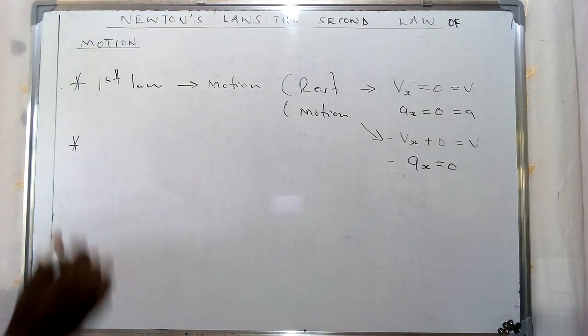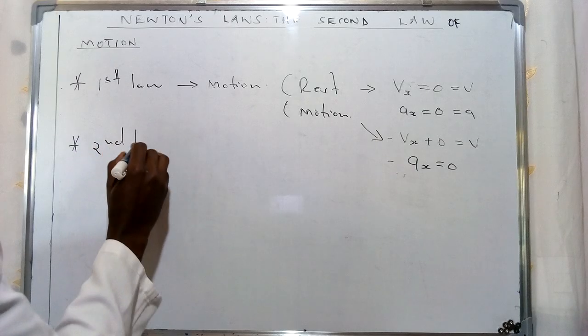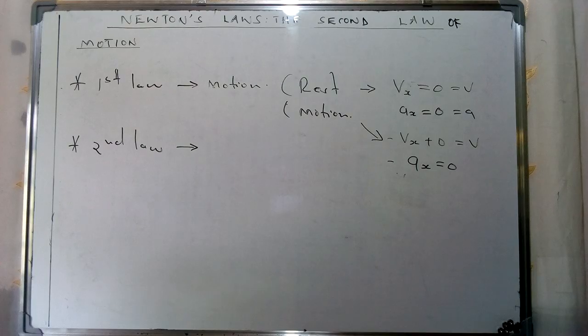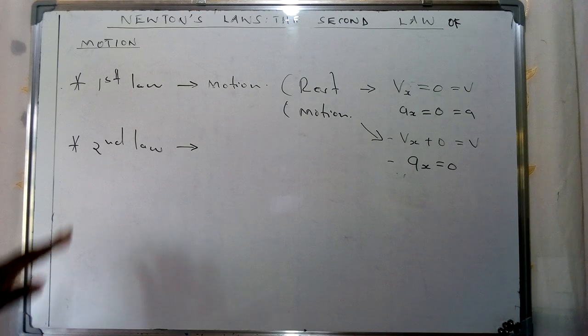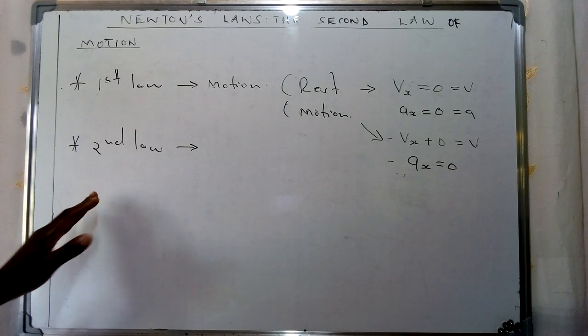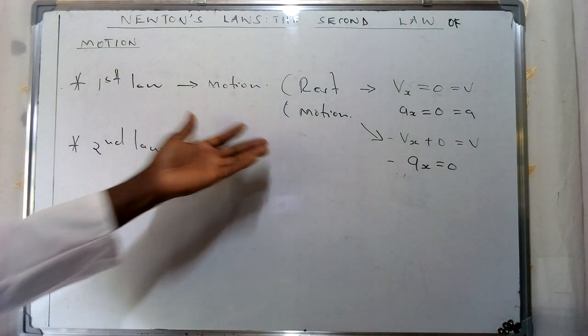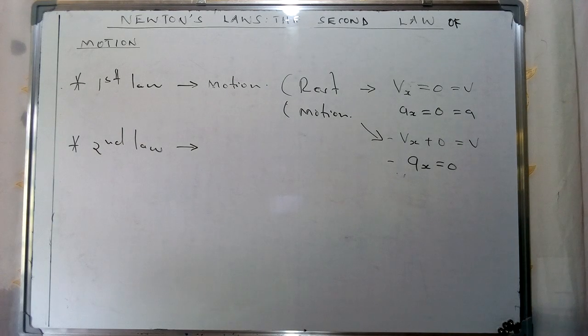Now we're going to look at Newton's second law of motion and contrast it with the first one. We consider forces acting on an object whose acceleration is 0, as in the first law.